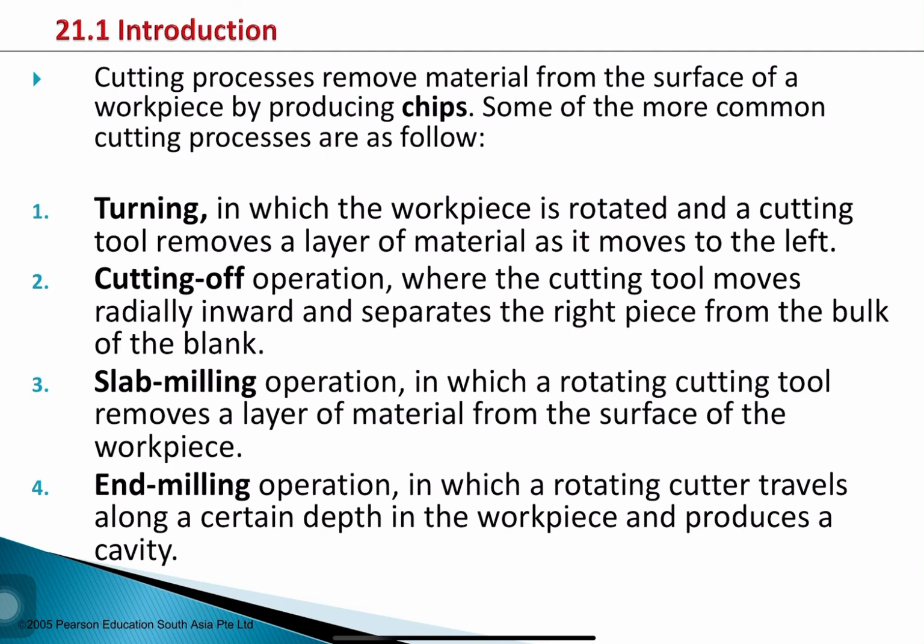Okay, there are various processes in material removal, which is machining. Machining is the only process that removes materials. There is turning. The turning process involves a workpiece that is cylindrical in shape.